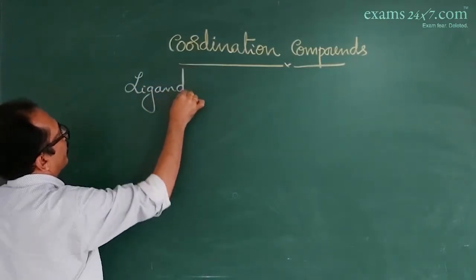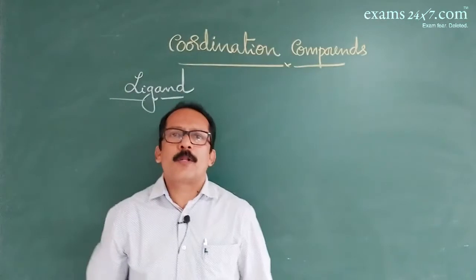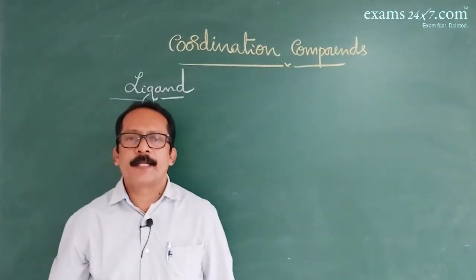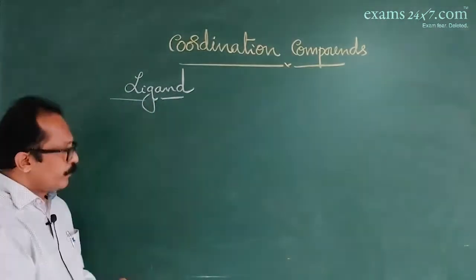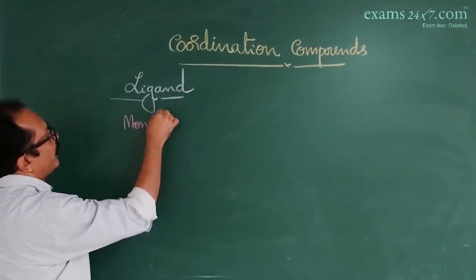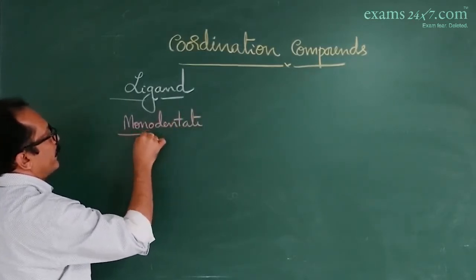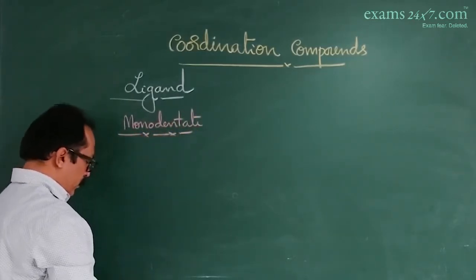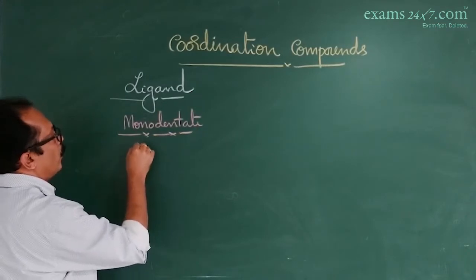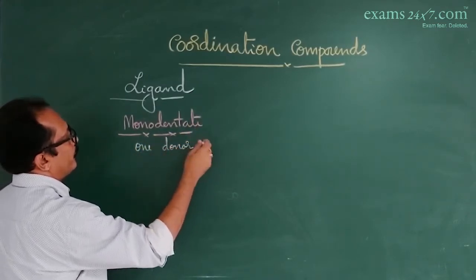So, based on the number of donor atoms, ligating atoms, there are different types of ligands. First one, monodentate ligand. Number of donor atoms is 1. One donor atom.